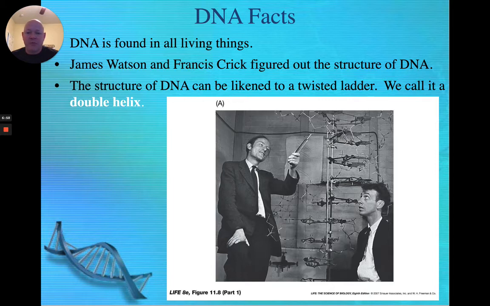And when they saw her pictures, they knew the structure then and there, but she never really received any recognition for her work. So it's unfortunate that this happened, but thanks to these 4 people, they discovered the structure of the most important molecule on the Earth, and that is the structure of DNA. And today we, of course, call it a double helix. It is like a twisted staircase.